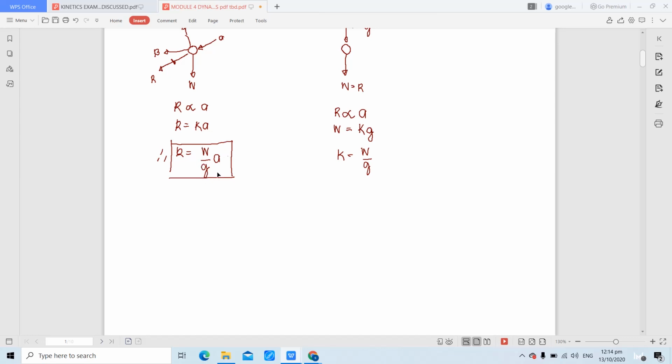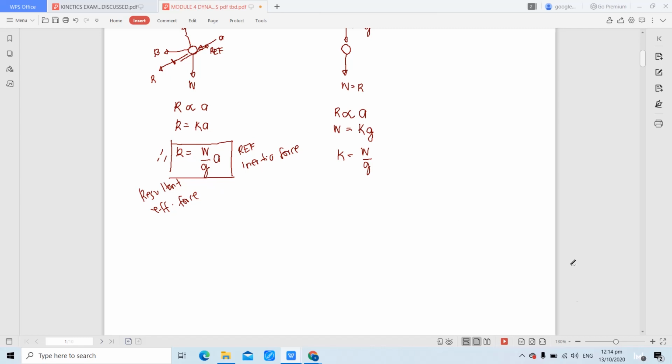So yung tawag natin dito kay W over g times a is the reverse effective force or the inertia force. Ang tawag naman natin dito kay action force is what we call the resultant or the effective force. Nagets po ba? And that reverse effective force is opposing the resultant position or direction. Kung nandiyan mismo yung resultant natin, reverse effective force or inertia force is opposing the direction.